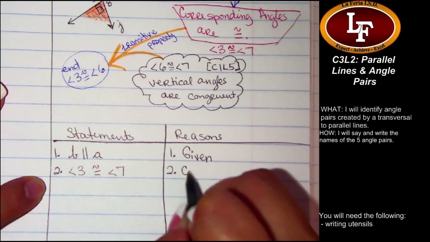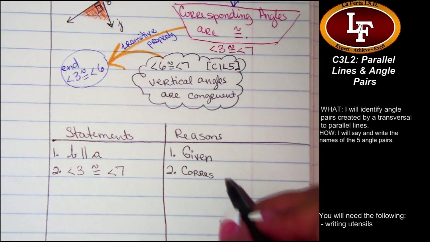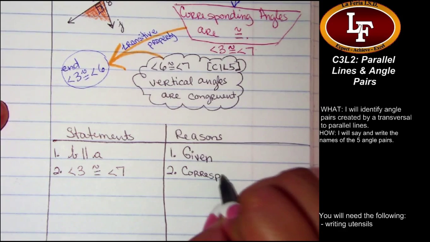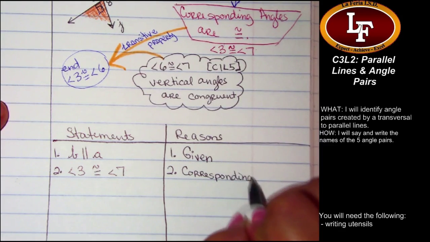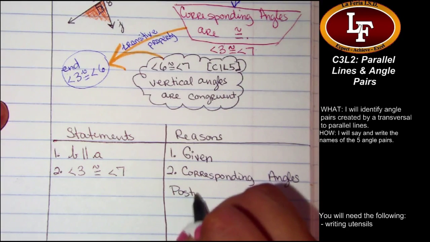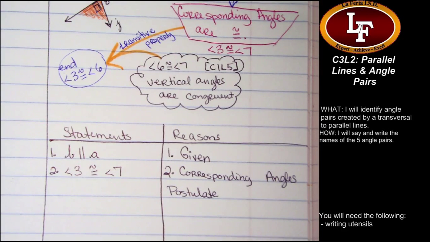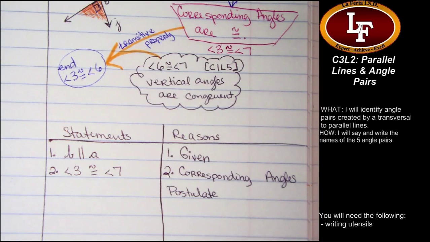And the reason, the formal name for the sentence, corresponding angles are congruent, is the corresponding angles postulate. And remember that a postulate is just something that you're going to go on faith. It is the mom hit you in the face with the chancla and said, because I said so. Okay? So far, so good?